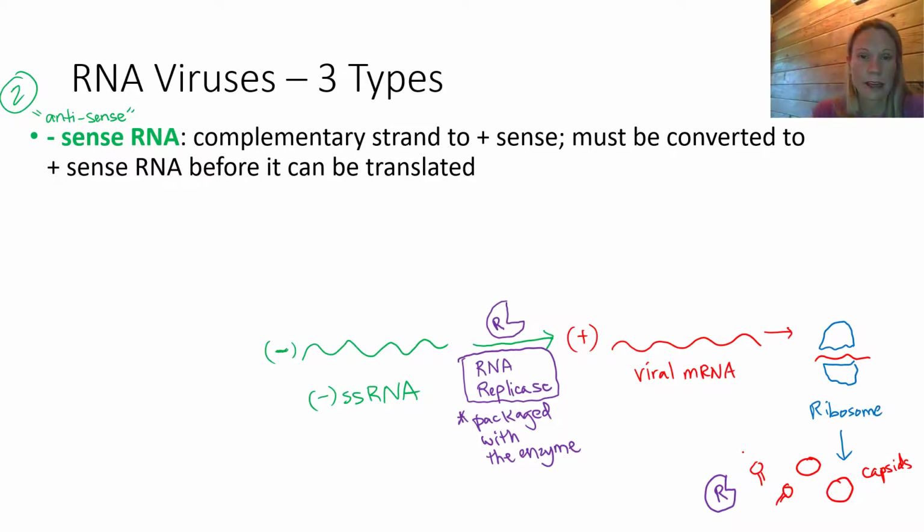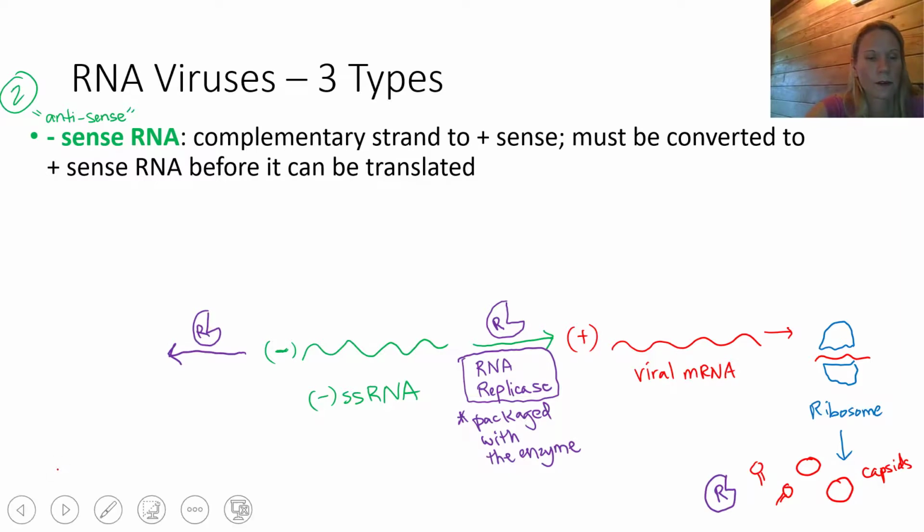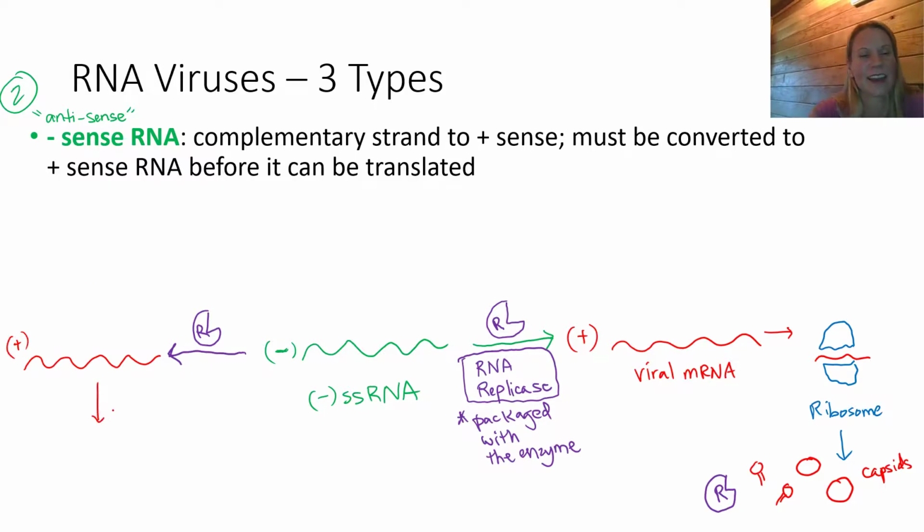Then that RNA replicase enzyme would also be important in making more copies of the antisense genome. Remember, what it's going to do is it's going to copy the antisense into sense, and then it'll copy the sense into more antisense. It'll use that as a template.